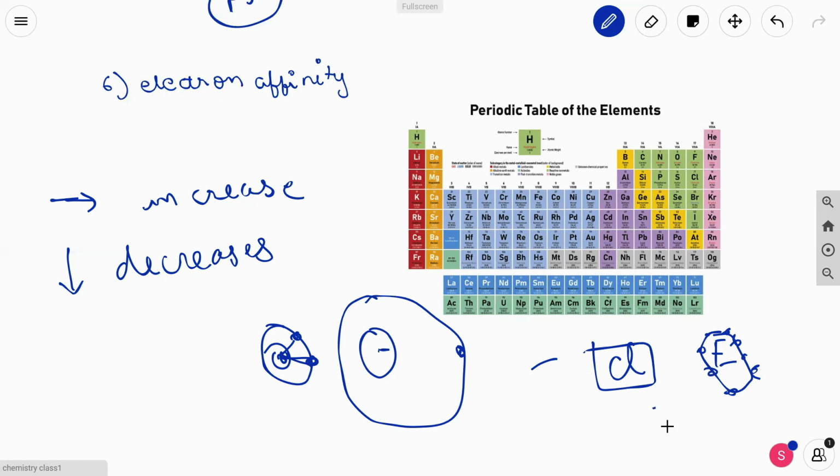In chlorine, since it's a little bigger, the spacing between electrons is more, and therefore the electronic repulsion decreases. The least electron affinity must be cesium.